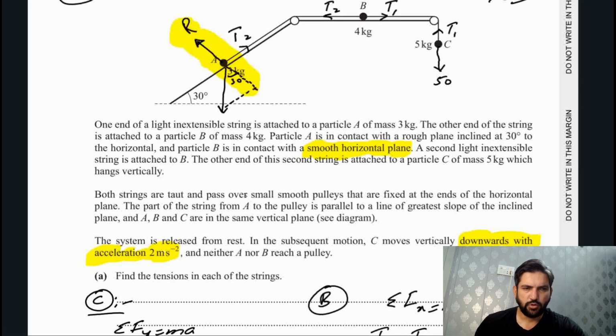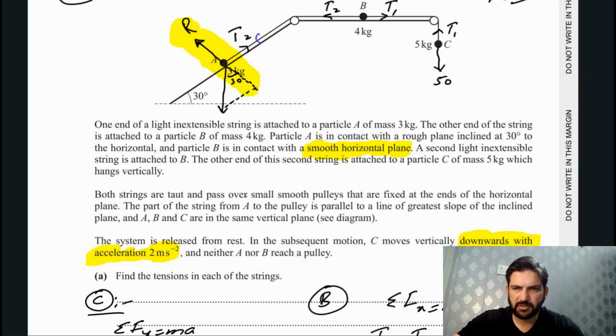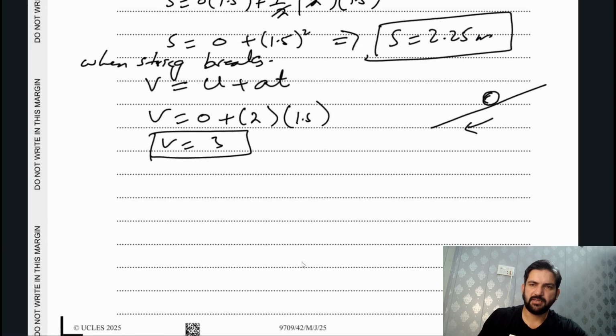Let's say it covers the distance of 2.25 and the string breaks. So it will be moving upward and then downward. Let me draw it over here: this distance is 2.25, and when the string breaks, it is going with 3 meters per second.